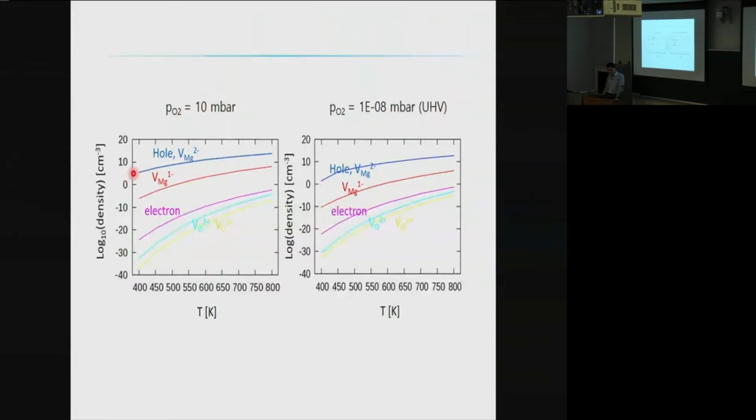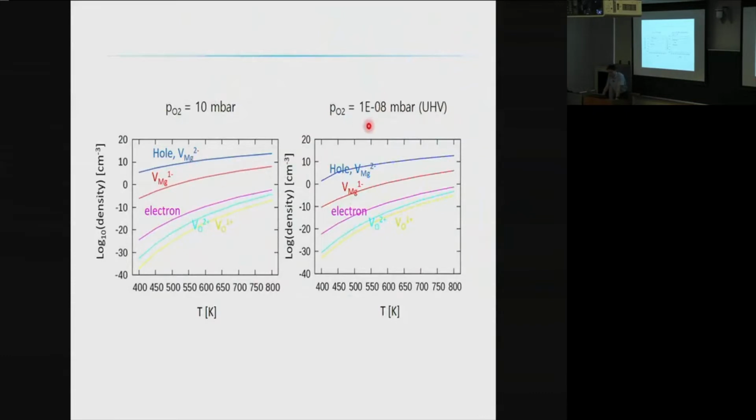So you have a hole carrier, a little bit, and an electron carrier, which is far smaller. This hole comes from the negatively charged magnesium vacancy, especially magnesium 2 minus.